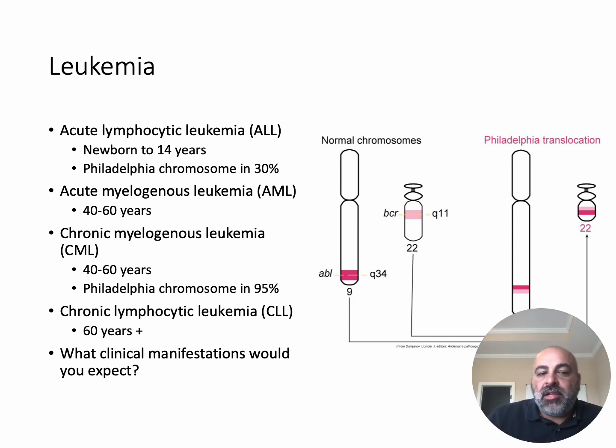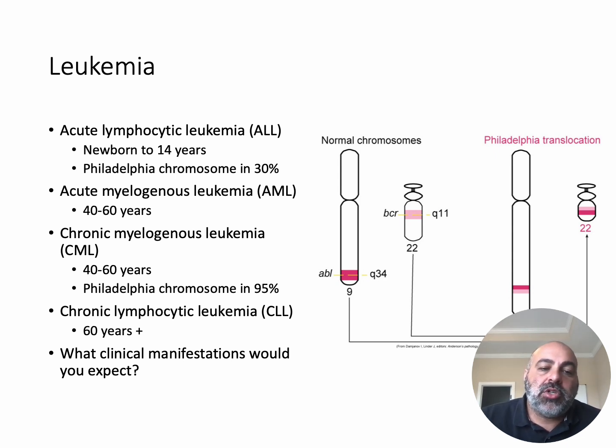Leukemia, there's 4 basic types, and then there are subtypes within this. But you have your acute lymphocytic leukemia, or ALL, acute myelogenous leukemia, AML, chronic myelogenous leukemia, CML, and then chronic lymphocytic leukemia, CLL. Now, they tend to happen in these age groups, but it's not a must. It is not an absolute, okay?